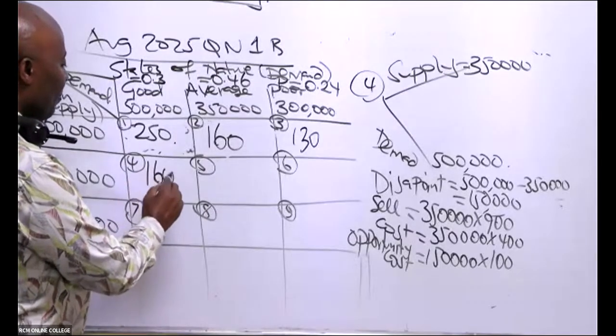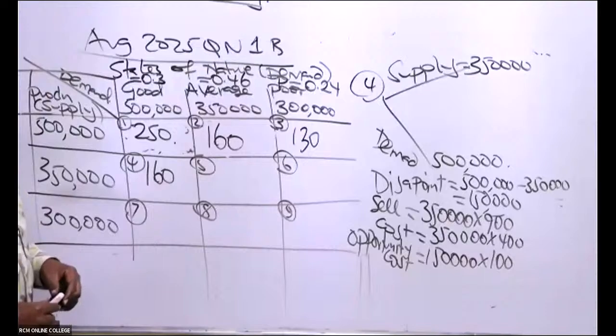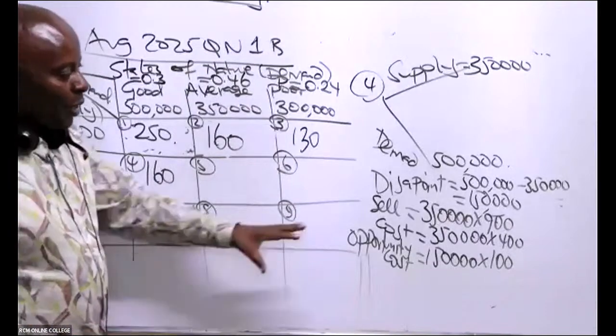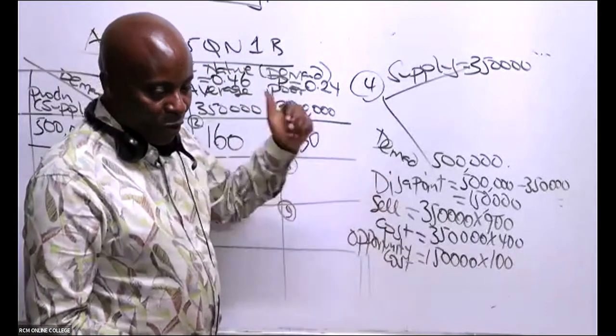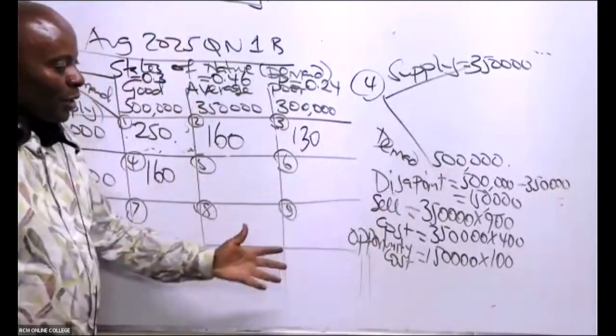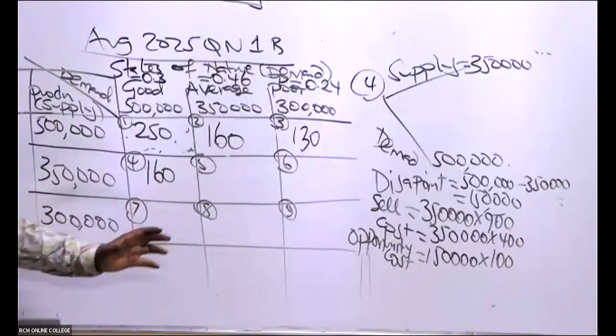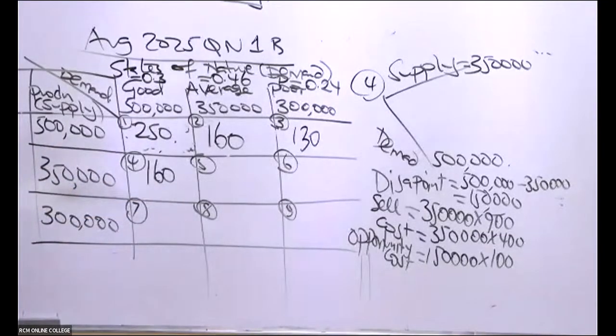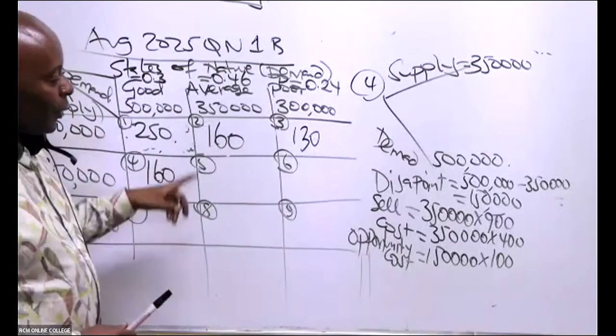Perhaps in this case here, there are batteries. I have a problem now in the calculator because already now we have everything here. Sales revenue, 350,000 times 900, minus 350,000 times 400, minus 150,000 times 100. Nancy getting 160,000. So now you guys should be able to give me answer for number 5, 6, all of them.